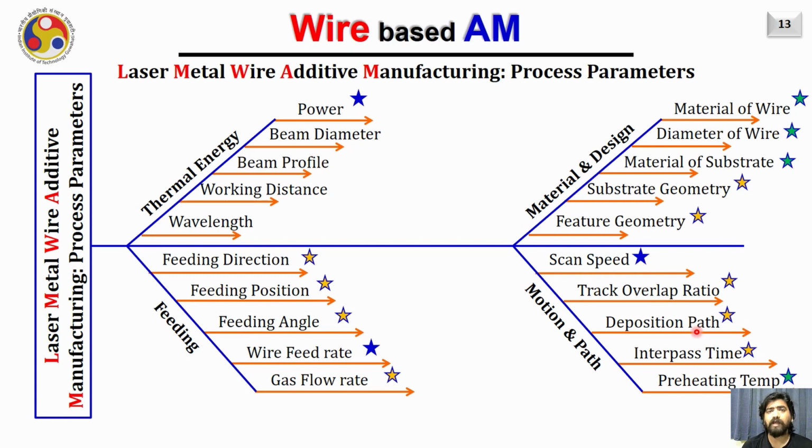An appropriate tool path planning or deposition path planning is essential for such systems. Then the interpass time: after depositing one layer or one track, how much time we should wait. And then the preheating temperature, which is also a very essential process parameter to reduce the residual stresses or the defects associated with the process.